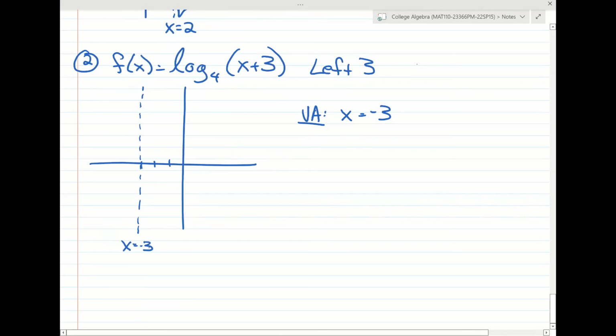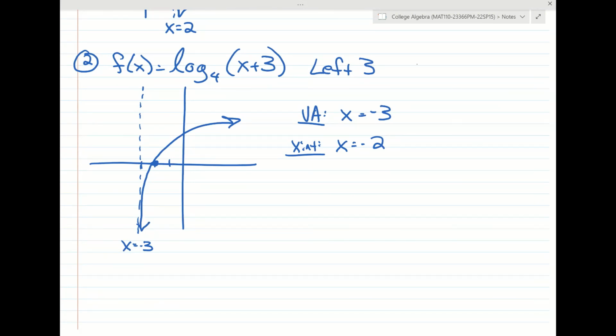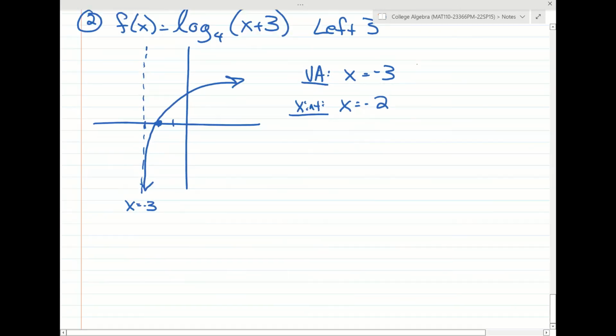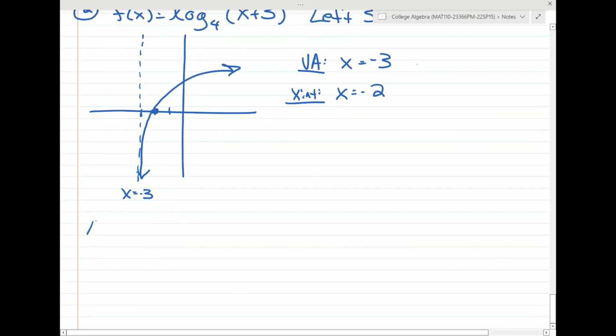If the normal graph has an x-intercept of 1, and you subtract 3 from that, our new x-intercept is going to be negative 2. And then the graph will just look like this. We're not really going to be moving the graph up or down. We're not going to be reflecting it. This is pretty much what you need to know about graphing logs. All right. And I just wanted to finish off with applications.